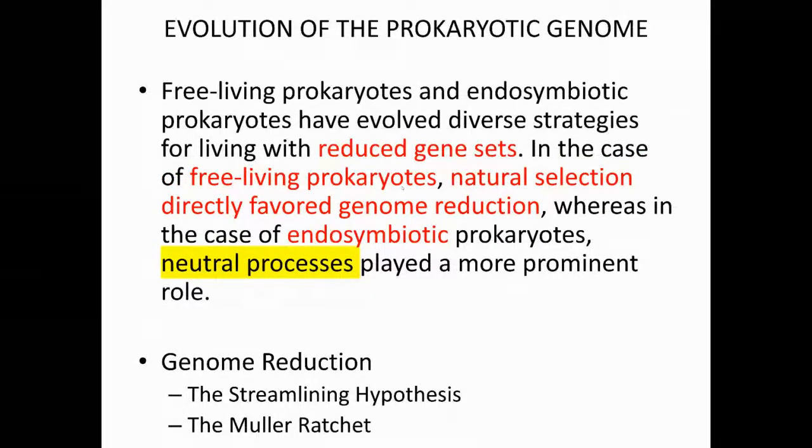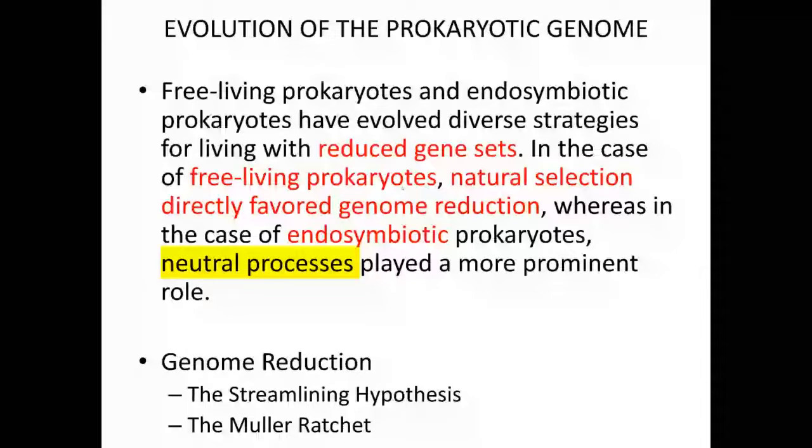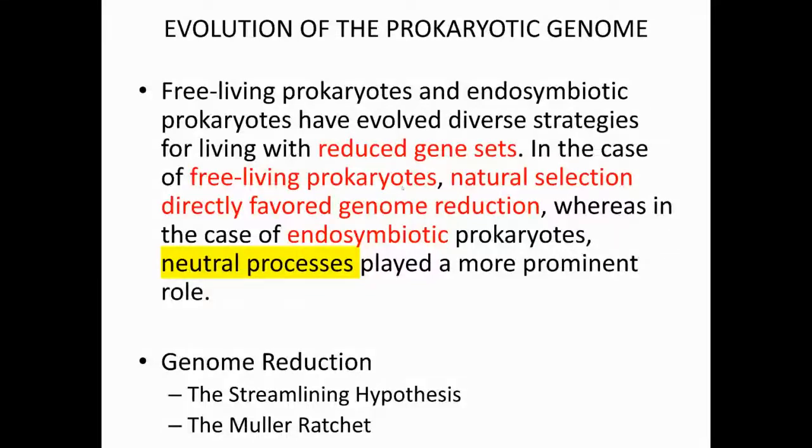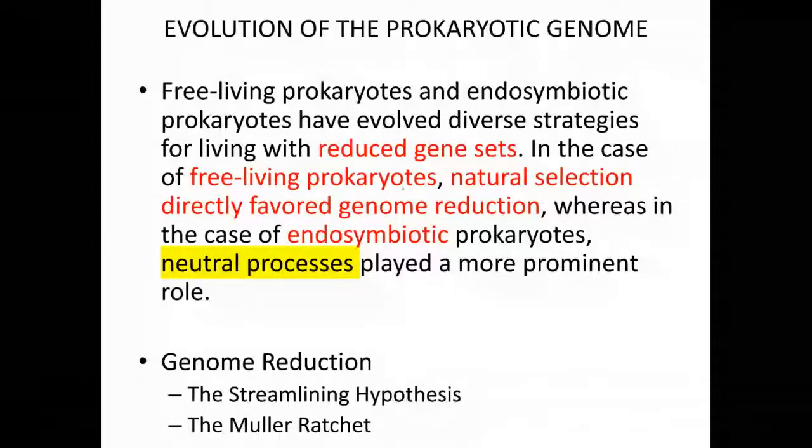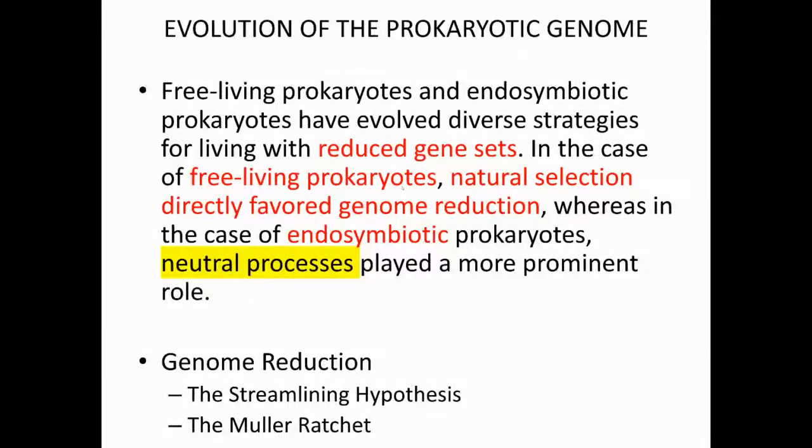Then the evolution of the prokaryotic genome. The free-living prokaryote and the endosymbiotic prokaryote have evolved diverse strategies for living with a reduced gene set. So they have gene reduction.